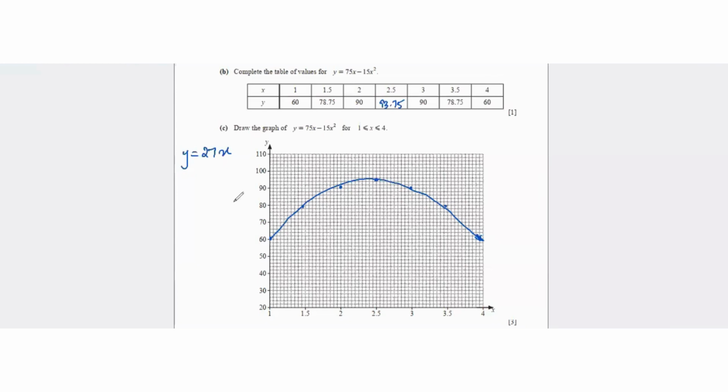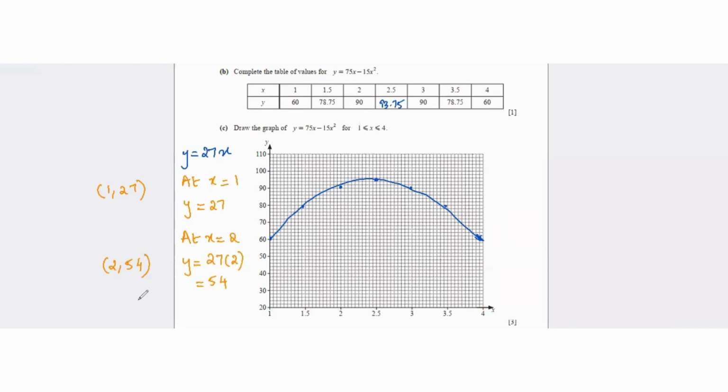Choose x equals 1. y will be 27, so 1 and 27 is one coordinate. And then we can pick x equals 2. So y would be 27 times 2, which is 54. So 2 and 54.